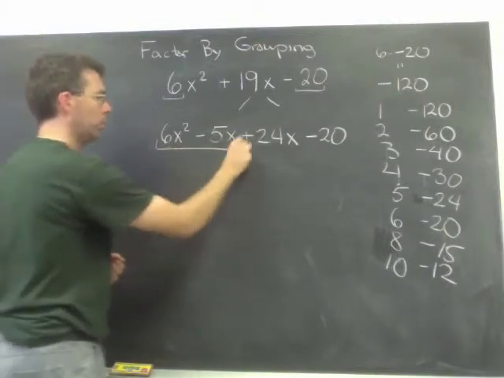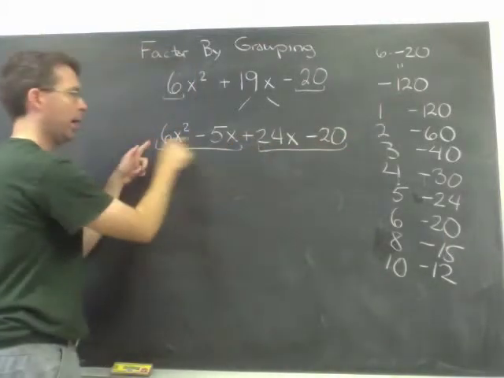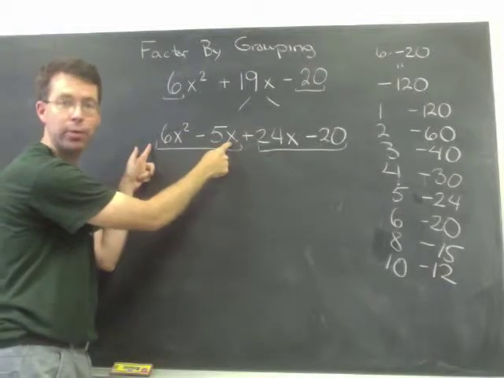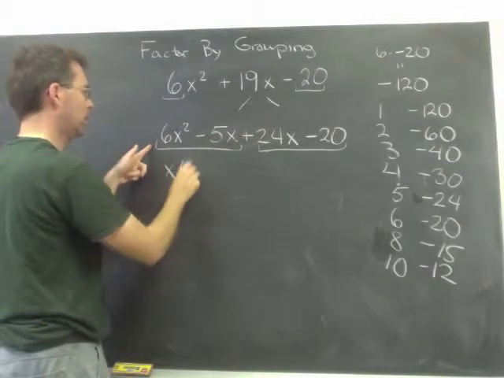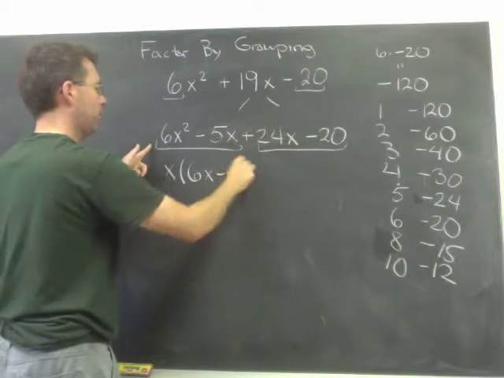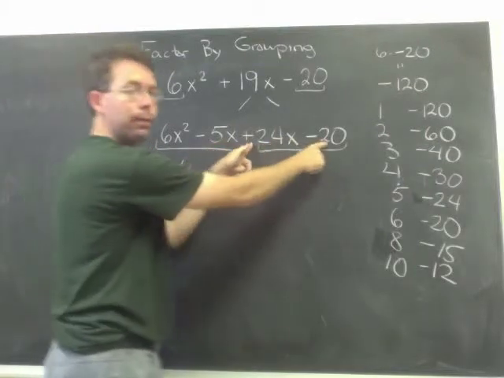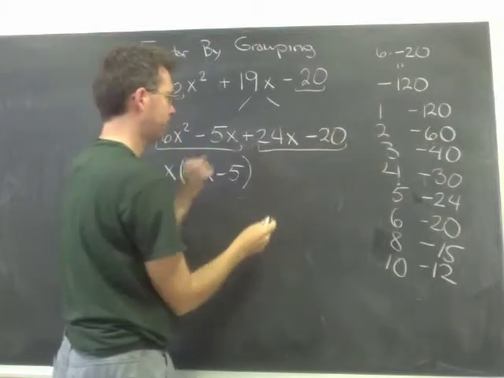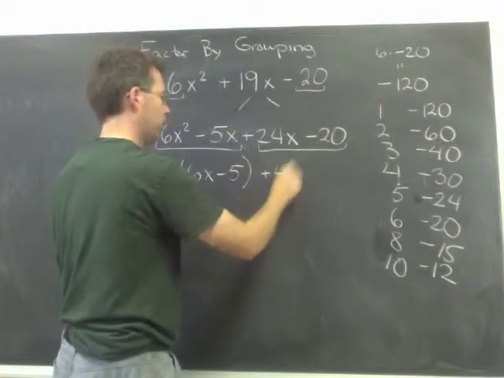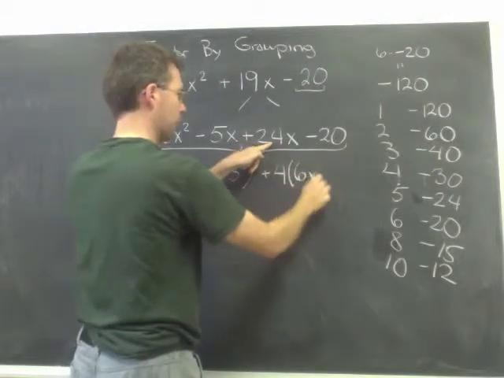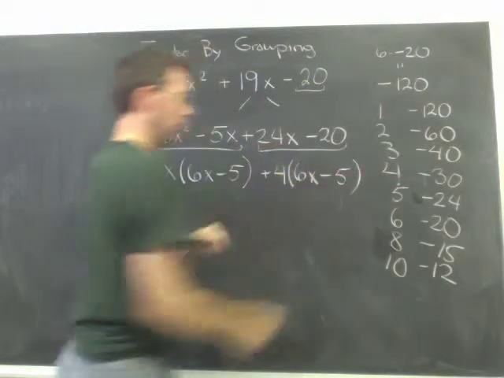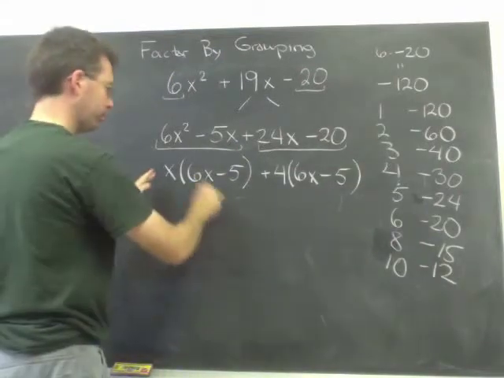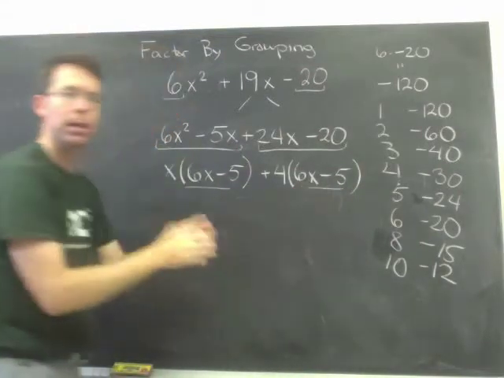And now I'm going to pull out common factors. I group, and I get a factor of x, 6x minus 5, and here I get a factor of 4. So plus 4, 6x minus 5. 6x minus 5 is a common factor.